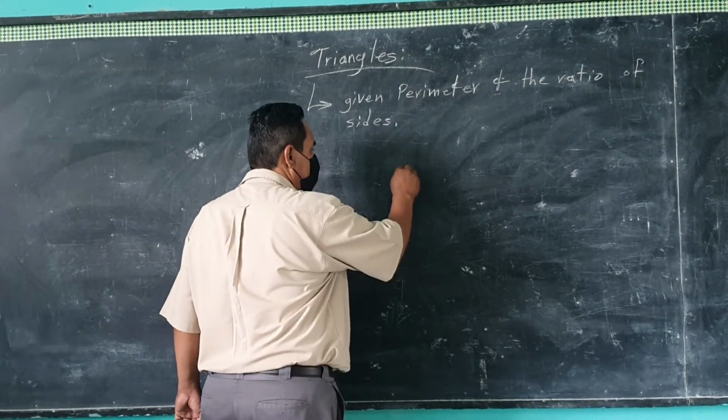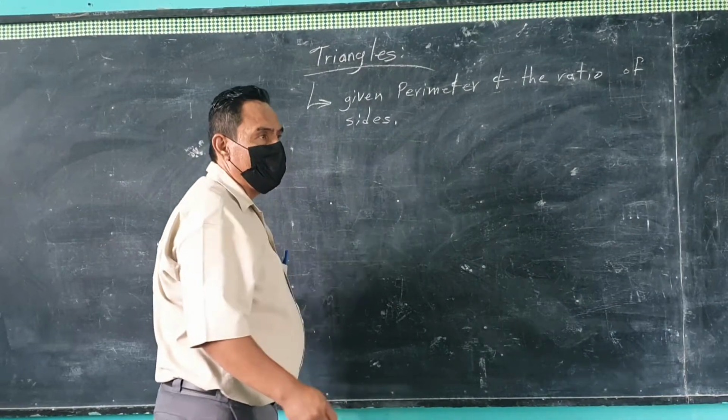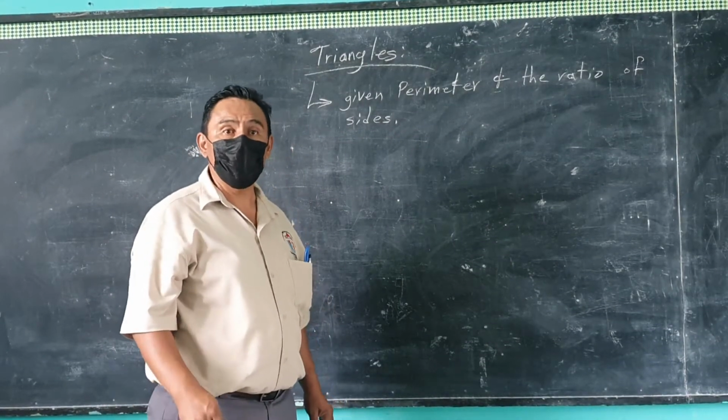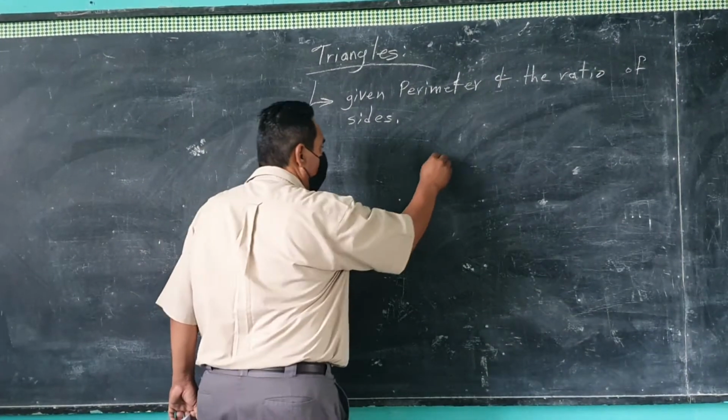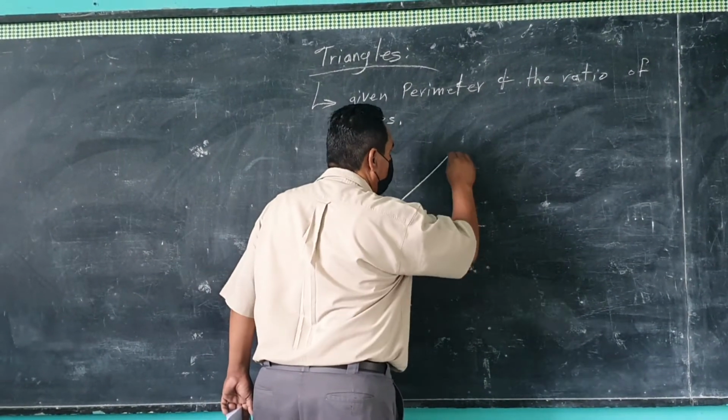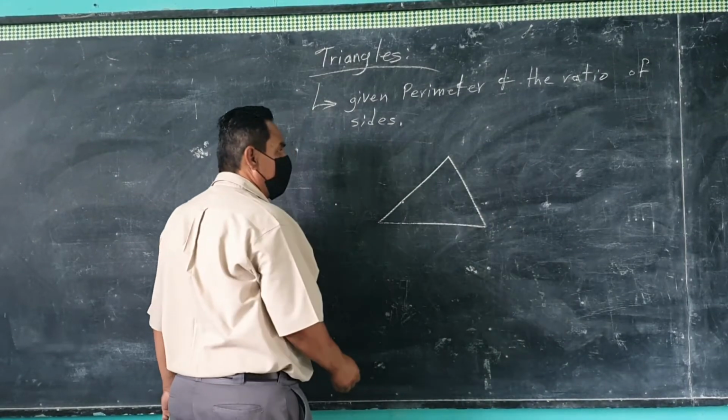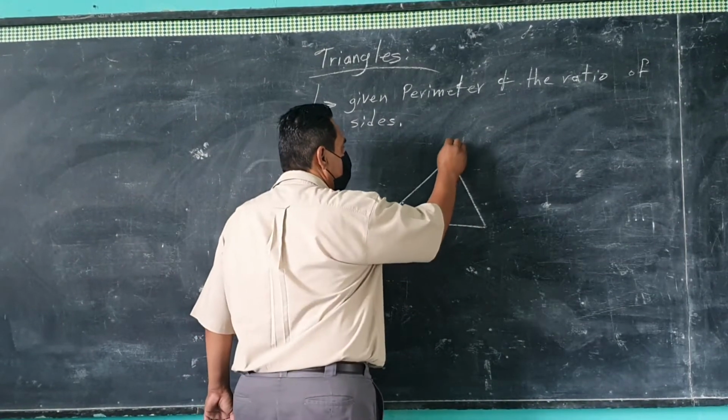For instance, you have 3-sided, you have 4-sided, 5-sided, and so forth. So, I will be showing you here that perimeter is the distance around.